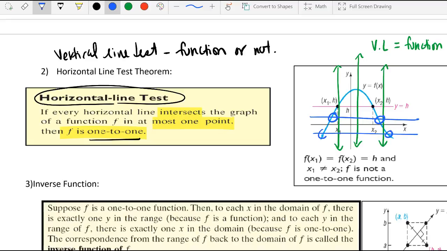This line intersected twice, okay? So, this tells me that this is not a one-to-one function, because it doesn't pass my horizontal line test, okay? So not one-to-one function.